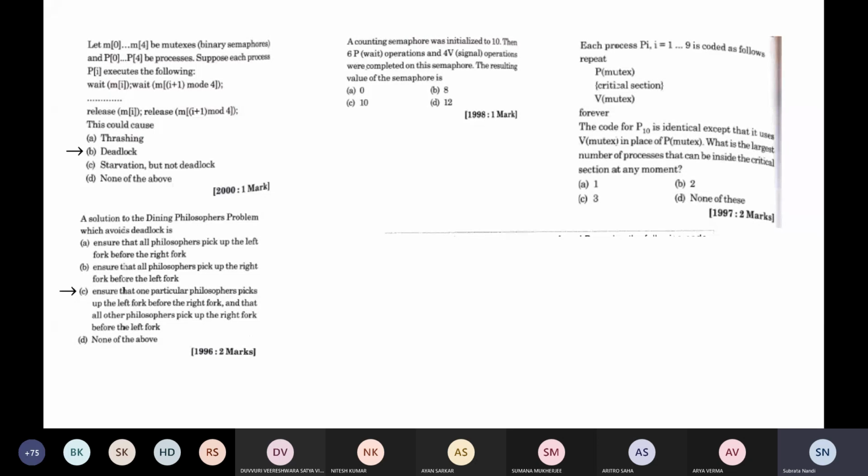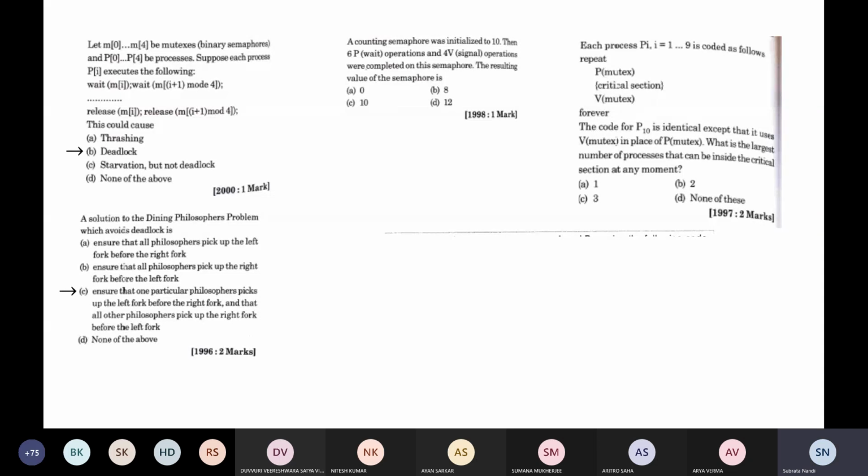So you can think of the value being decremented 6 times, 10 minus 1 each time, and every time there is a V, there is an increment, because in counting semaphores it is decremented and incremented. So 10 minus 6 for each P, plus 4, it becomes 8.